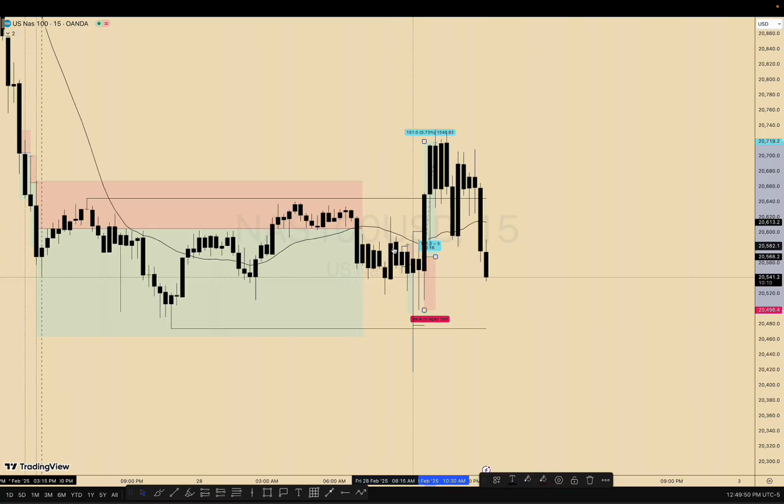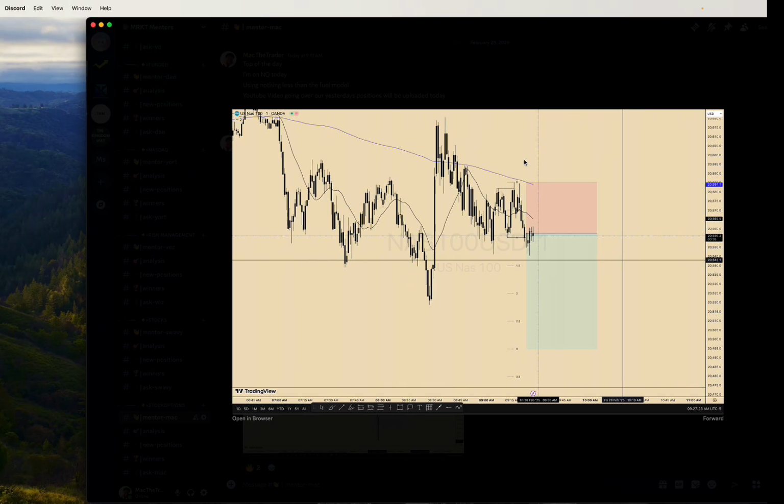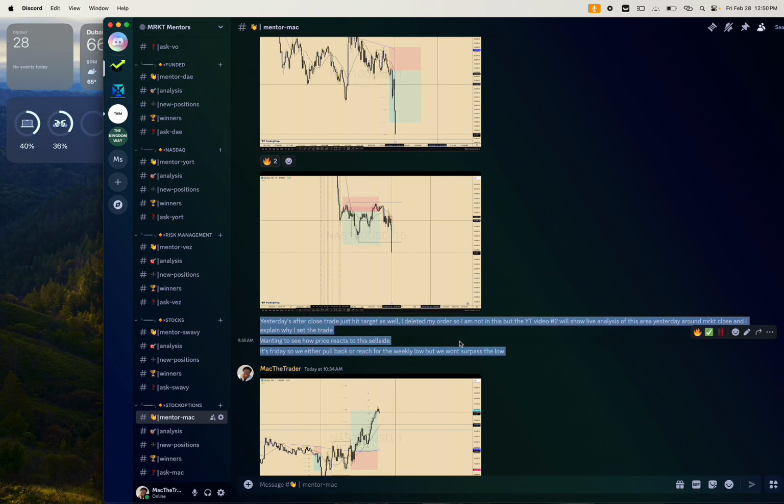After that sell here, we were looking for price to interact with sell side liquidity, but we weren't looking for price to create new lows. So we weren't looking for price to continue pushing to the downside. We were looking for a snatch of liquidity, a possible reversal to the upside. If you guys didn't know that that's what we were looking for, no worries. That's why we drop it in the Discord.